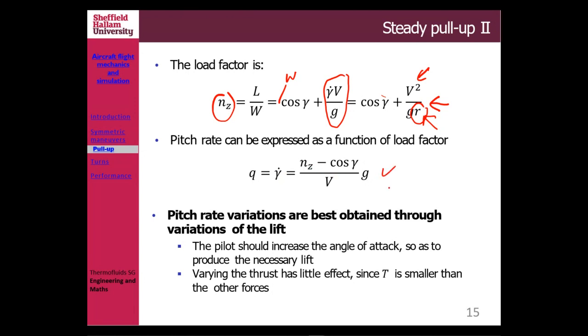So if you want to have a reasonable load factor, for example, say 1.2 with the climb, say gamma equals 10 degrees, then you should make a turn with no more than this value of Q, where V is your aircraft speed, G is your gravity acceleration.